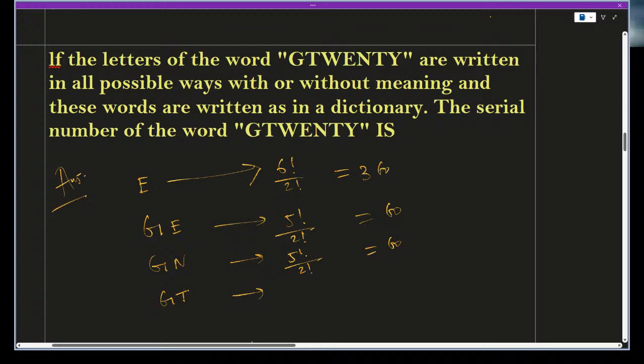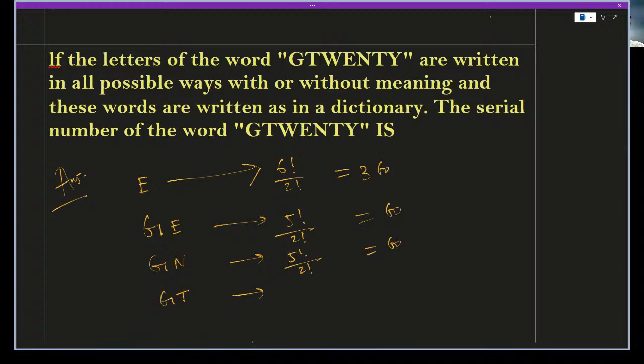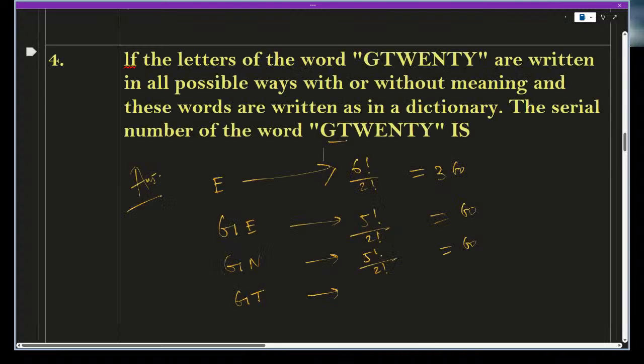Then what to do? With GT we cannot arrange directly, because with GT we are studying only. These two are repeated. But after that alphabetically which one comes? After GT, E is there alphabetically. How many ways? 4 factorial.